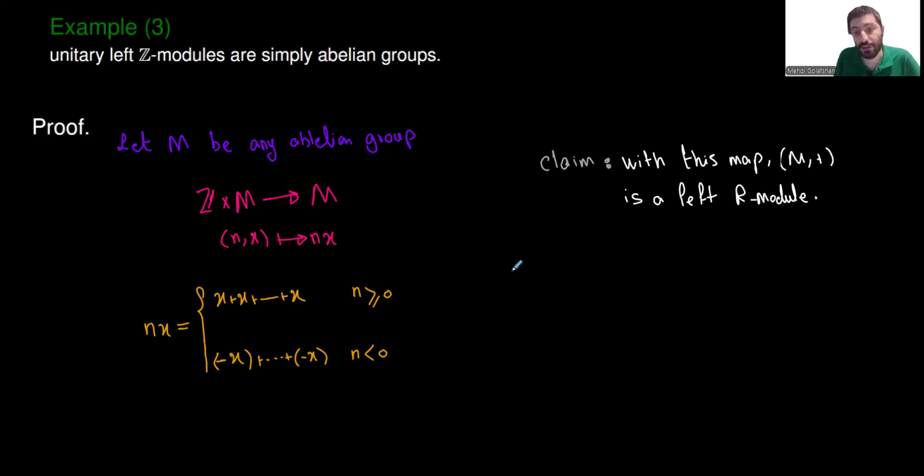So the first condition. We can say that for an integer n in Z, and x and y in M. We know that M is an abelian group. So right now we want to check n times (x plus y).